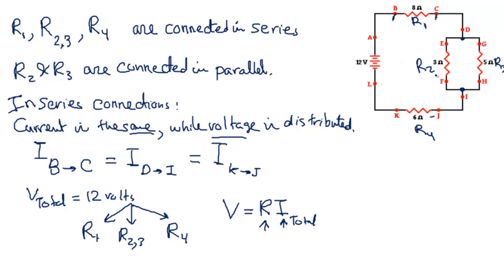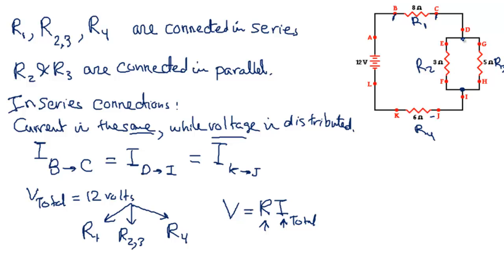Followed by, we know that when we have resistors connected in parallel, the equivalence of those 2 resistors will be smaller than any individual resistor. So the equivalence of R2 and R3 will be smaller than 3 ohms. Later, when you do the calculation, you'll find that this resistance will be around 1.88 ohms, and therefore it will have the smallest voltage.